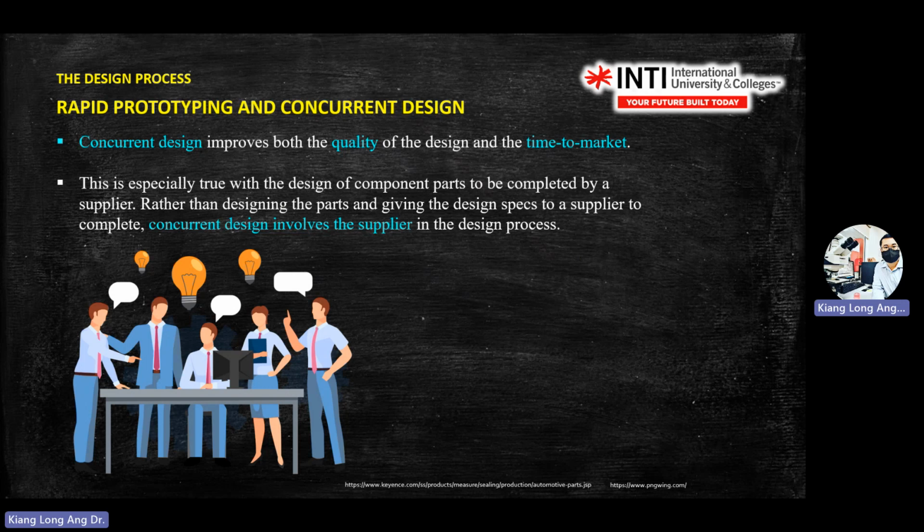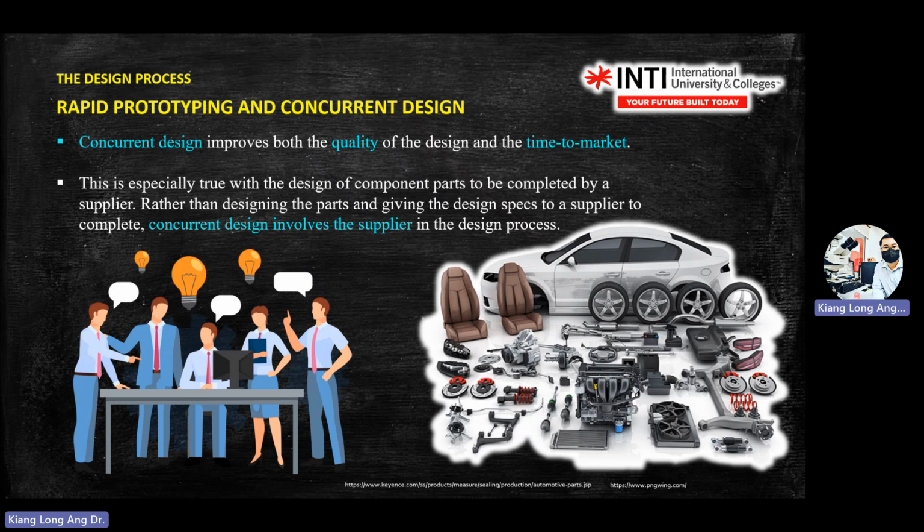Nowadays, when you do concurrent design, you will involve your supplier together inside the team. Okay. So for example, inside the car, you have a lot of components. So when you develop a new product, you will deal not only with the internal design team, you will deal with your suppliers, ask them what are the latest materials that you can use in your new products, for example, cars, right?